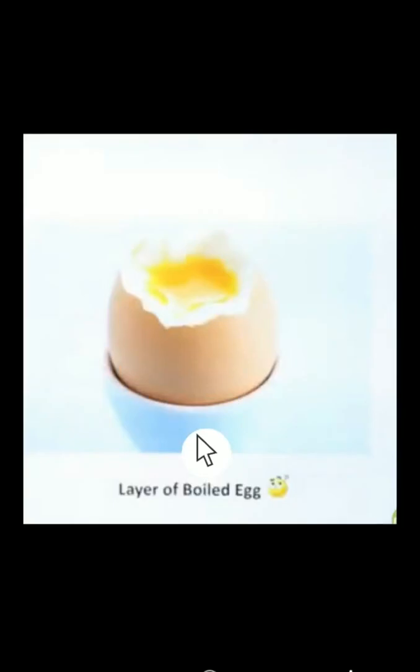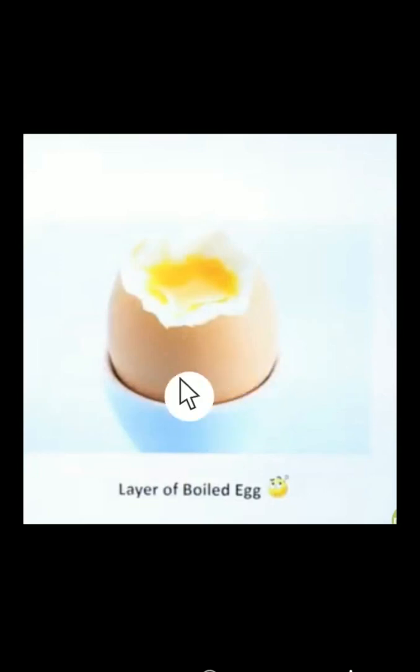Now, my dear students, first of all, you might have seen a boiled egg. You might have eaten a boiled egg also. So remember the structure of the boiled egg, because it is going to be very, very important when you are going to see the interior of the earth. So students, please remember the structure of this boiled egg. I will tell you the 3 structures.